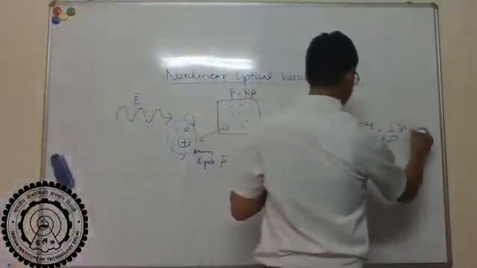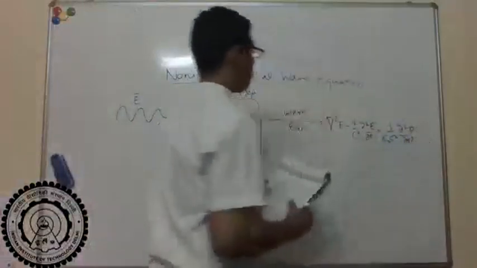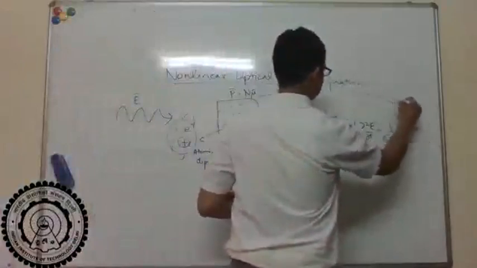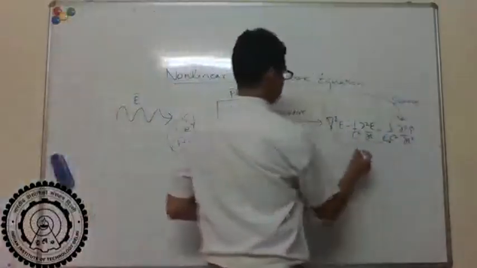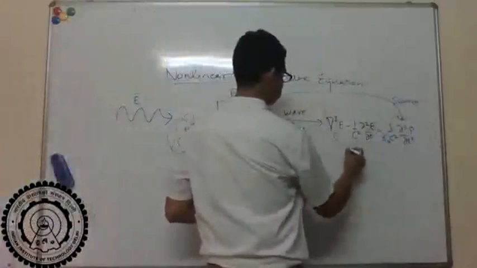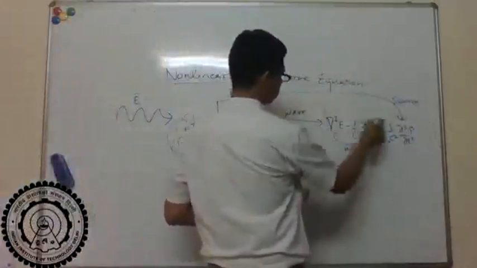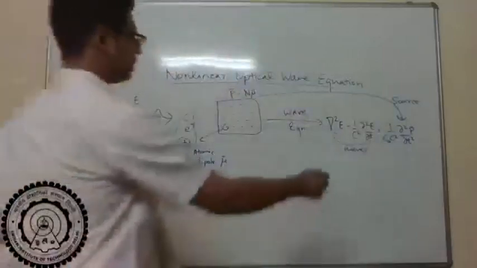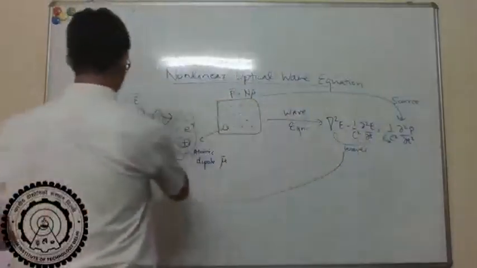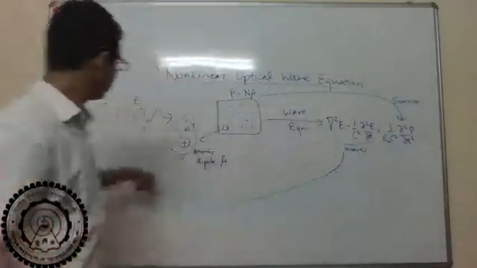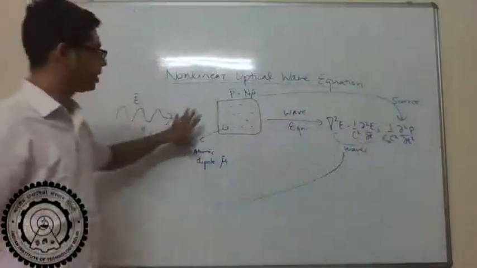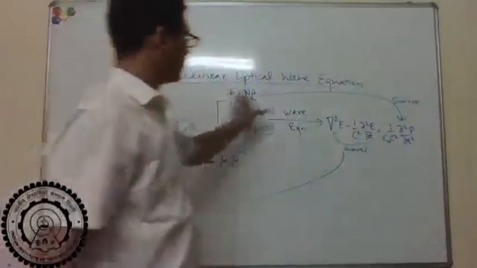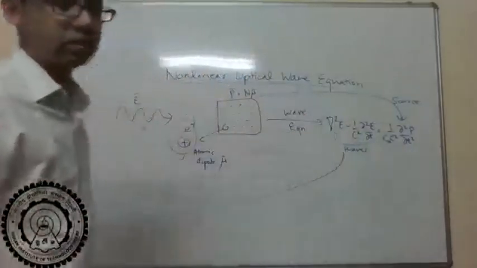So we'll see how this term comes. Right, so basically this P acts as a source to generate more radiation or waves, right? And then this generated radiation acts back together with my input fields on the atoms, etc. Right? So this cycle goes on in the steady state.